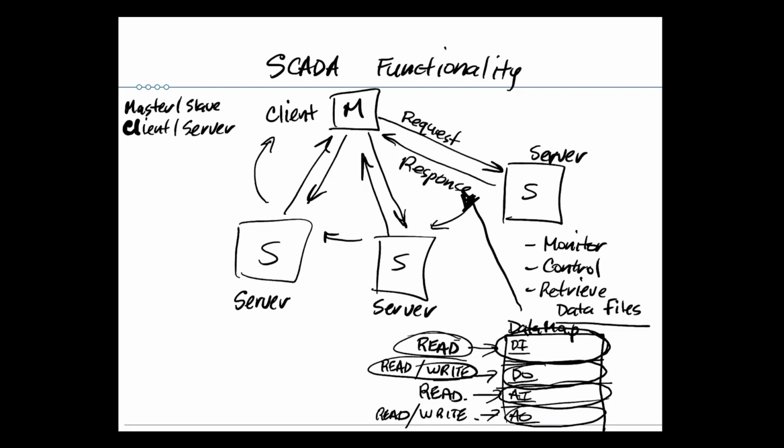What's really the overall aim or goal is for the master to have a true snapshot or real-time picture of what's going on at any one of these servers by the use of a master-slave protocol, requesting and waiting for responses. Responses that are things like monitoring the status of digitals and reading analogs, controlling breakers as in DOs, or controlling a variable output as in an AO, and then retrieving data files that could be a table of trends of a particular input and things like that.